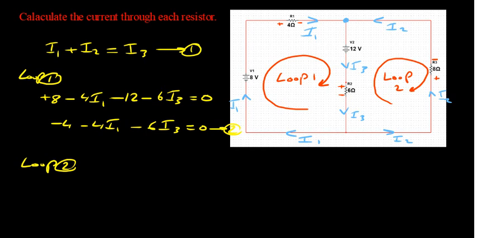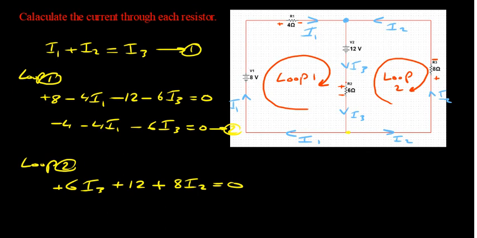I could say, all right, I'll start from here, and it will be a positive 6I3 plus 12 through the battery, going up and turn right, nothing there. Again, we're going to get to resistor number 3, and it will be positive 8I2, and when we come back, everything will equal 0.